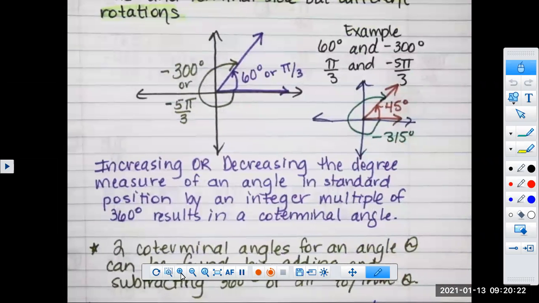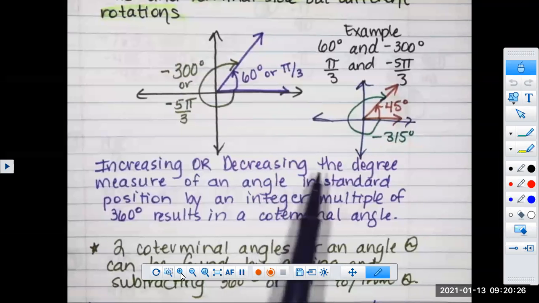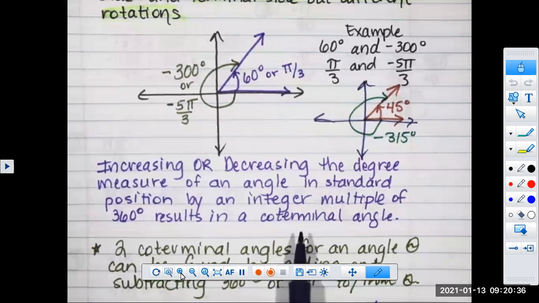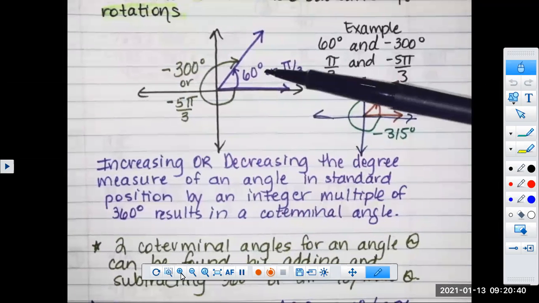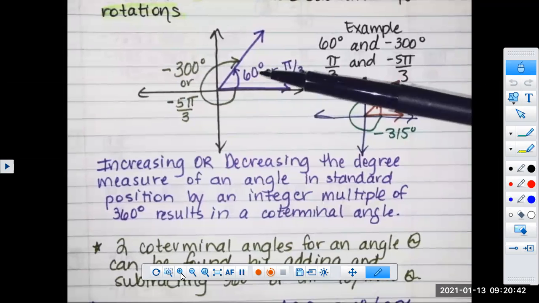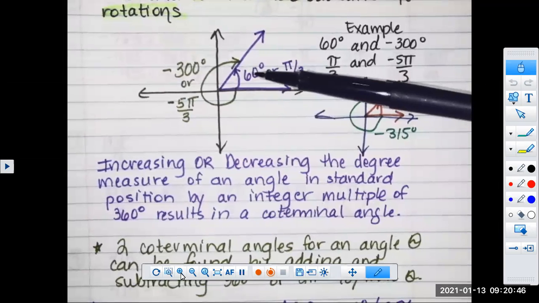Increasing or decreasing the degree measure of an angle in standard position by an integer multiple of 360 will result in a coterminal angle. That's what it says in your textbook. All this means is, if I take an angle such as 60 degrees and I want to find its coterminal angle, you can add 360 to this.